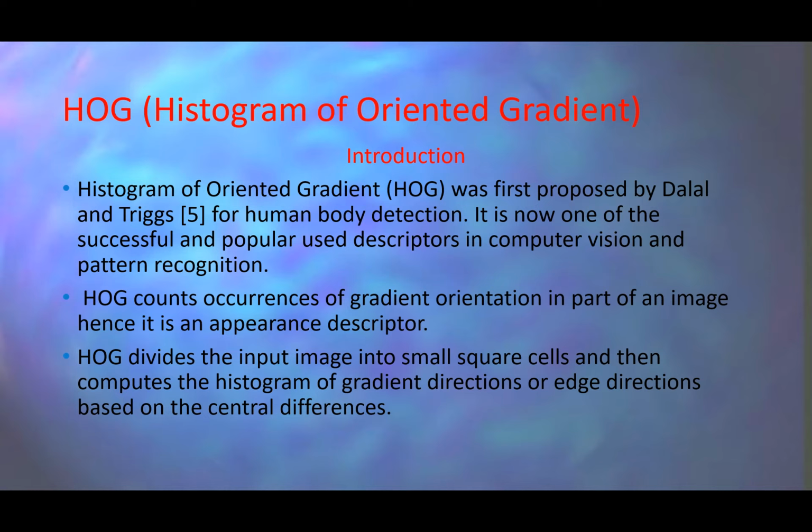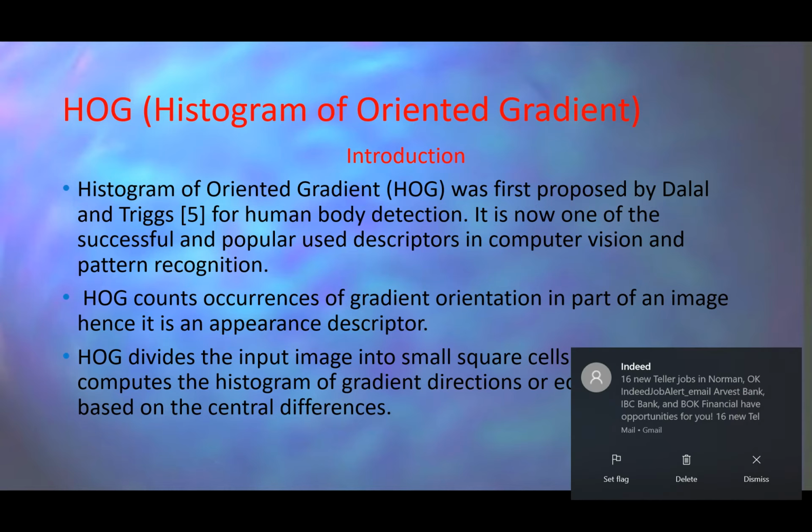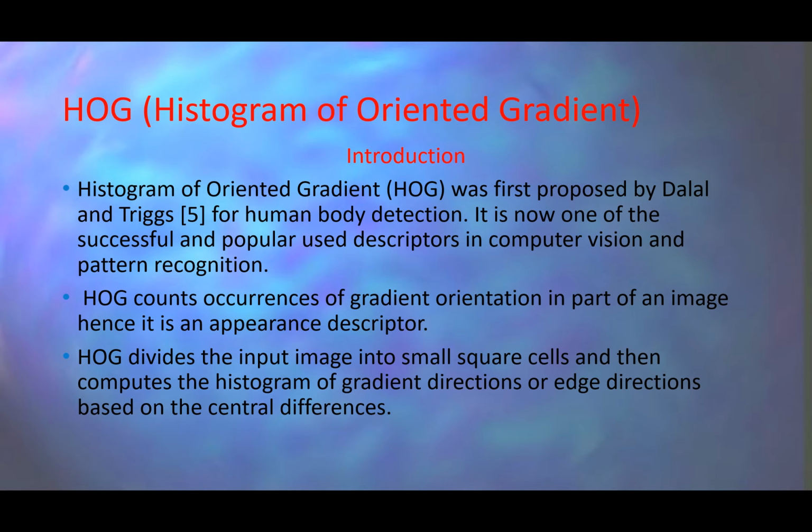Their main reason for this was human body detection, but as innovation has continued, HOG has been applied further and is now successful and popular as a descriptor in computer vision and pattern recognition. What we are doing in this project presentation will also be considered pattern recognition. That shows you how HOG has evolved and developed.